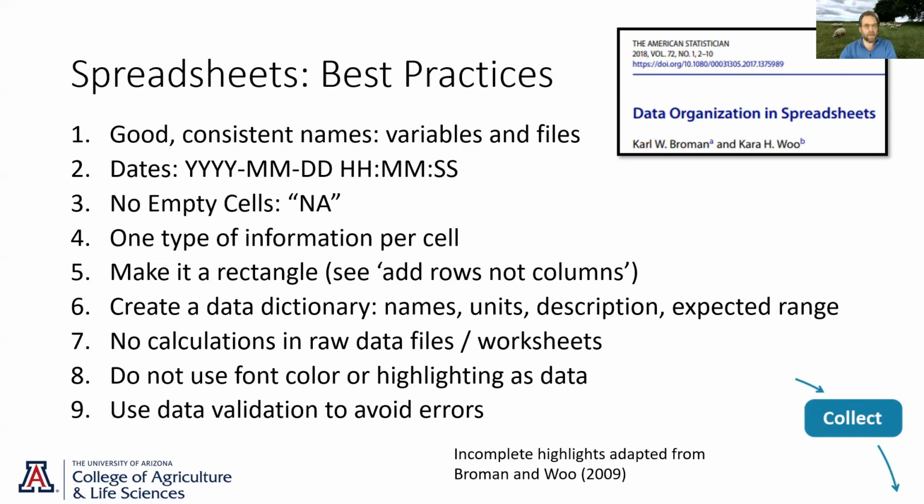Also, use data validation to avoid errors. One of the great things about spreadsheets is that you can say what happens in each column. This column must be a character, you must have text in it, this column must be a number, this column must be decimals. You can also provide ranges to throw errors when you try to enter incorrect data.